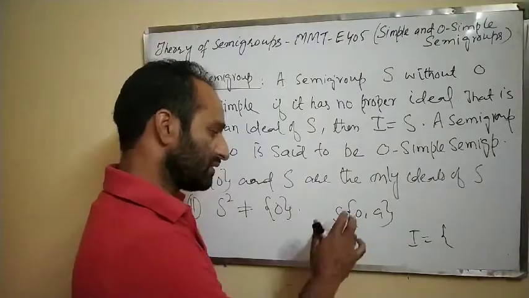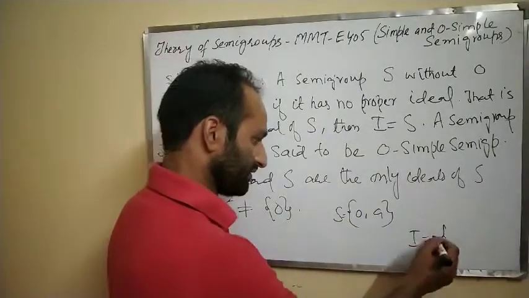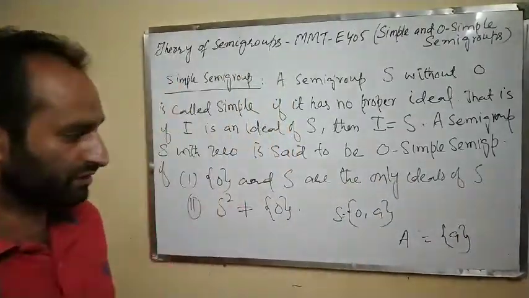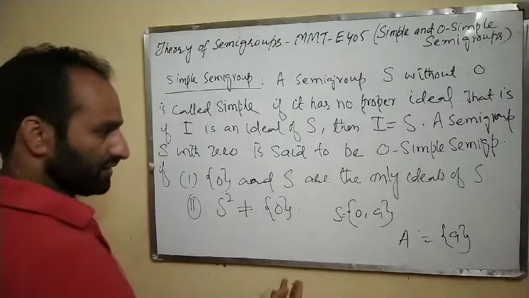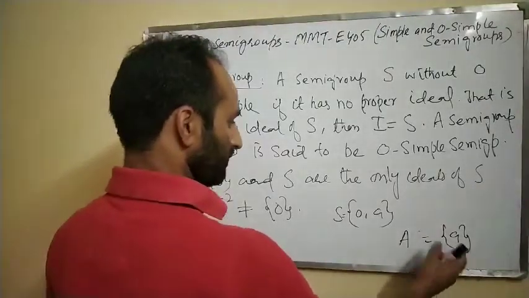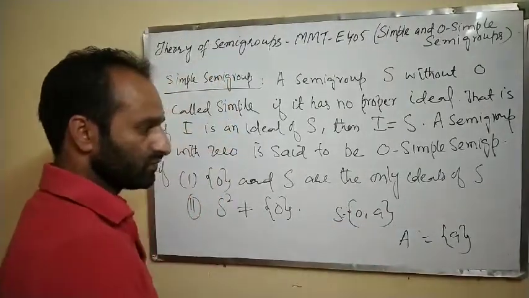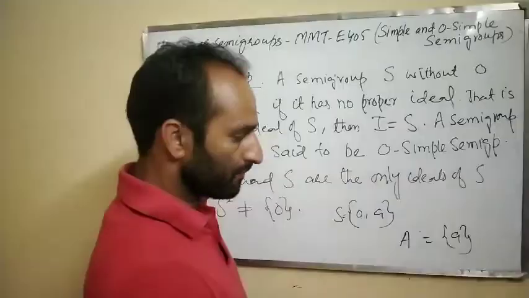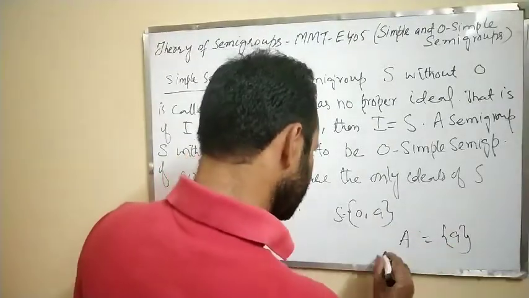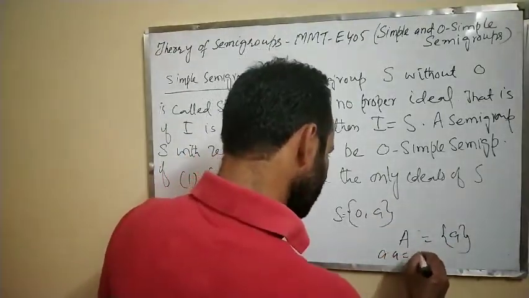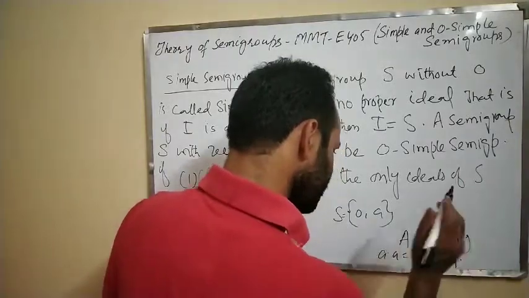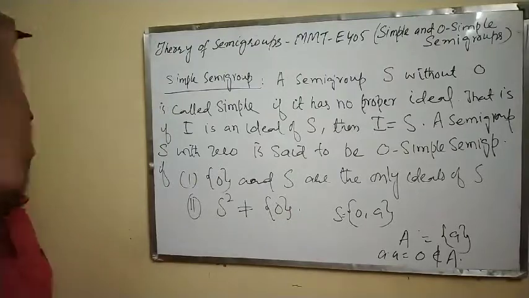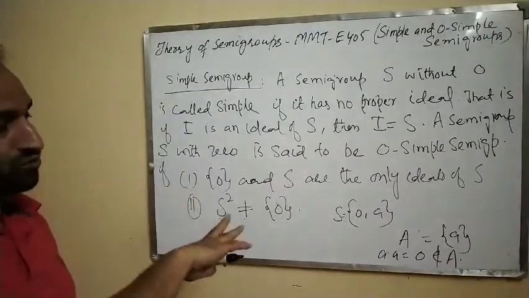You can see it's not a zero simple semigroup, because if I take the set containing A, this one is not an ideal of S, because the product of any element of A with any element of S is always equal to 0, and that does not lie in A. So A into A is equal to 0, so it's not in A. This is called a two-element null semigroup.